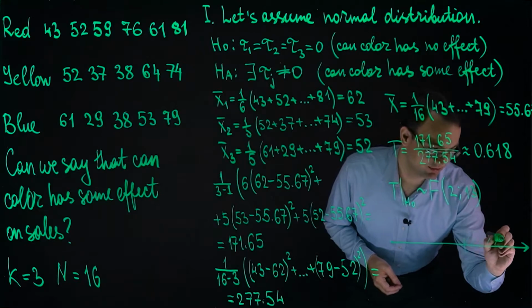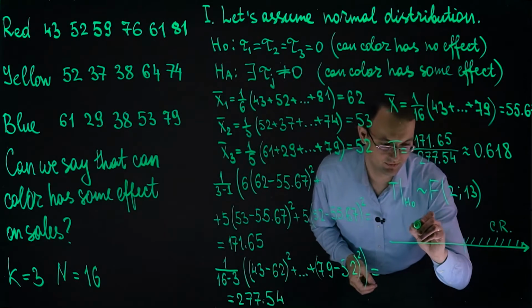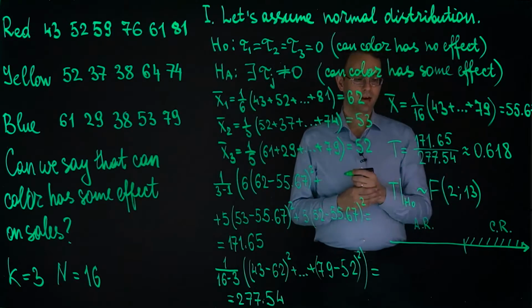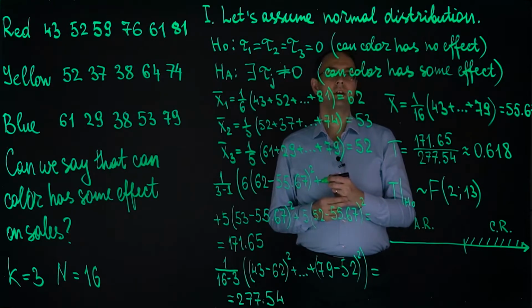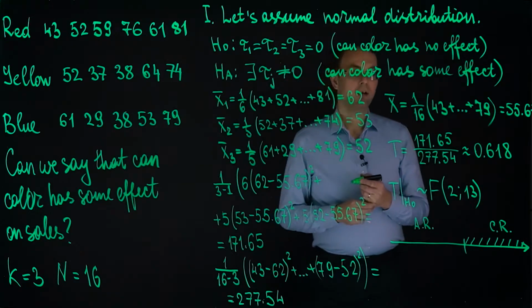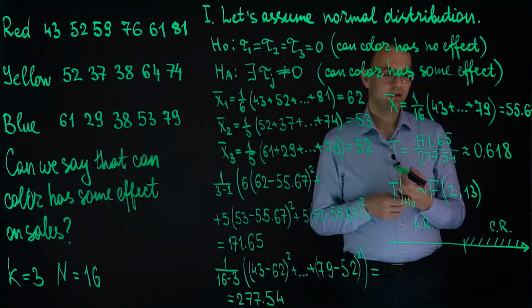And so we have a right-tailed critical region, and the border is the quantile of the Fisher distribution of the level 1 minus alpha.